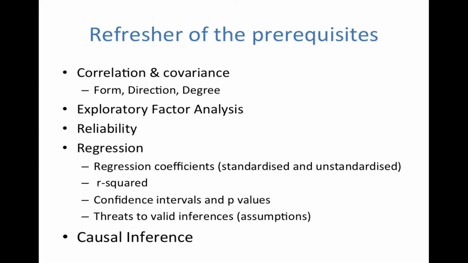Do we have a strong 0.6, 0.7 correlation, or a smaller 0.2, 0.1 correlation? Covariance is just unstandardized correlation. So it's just on the metric of the raw variables. So it describes the degree of relationship between the two variables of interest on the raw metric.